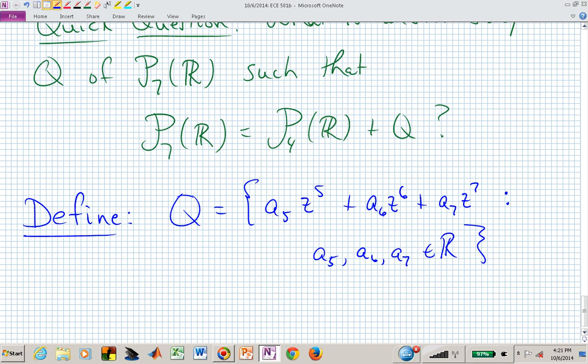That just says that these coefficients can be independently and arbitrarily selected out of the reals, and that will then give us a subspace of polynomials that do have powers of 5, 6, or 7. But it also has the 0 vector, doesn't it? A5, A6, and A7 can be 0, all three at the same time. That's why Q is indeed a subspace.